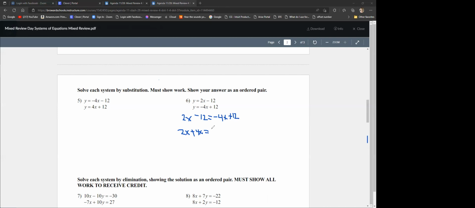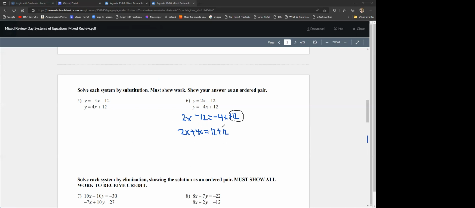Is it going to be minus 12 or plus 12? Check the sign. This 12 is this 12, so it's negative on the left side. Okay, there you go. Now what?